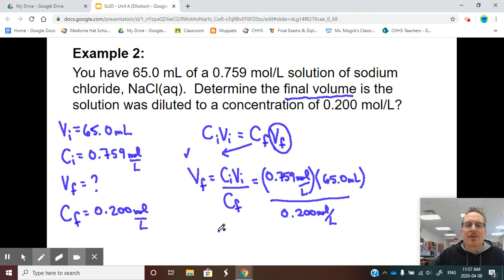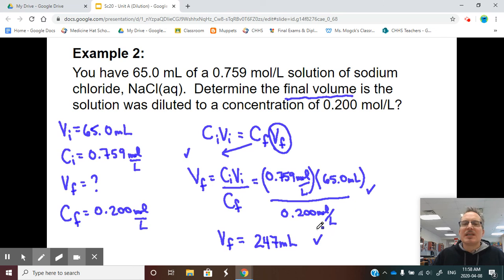So when I go to type this into my calculator, we're going to take 0.759 times 65, enter, divided by 0.2, enter, and we're going to get 247 milliliters. Now, you get a mark for substitution with units and you get a mark for your answer.